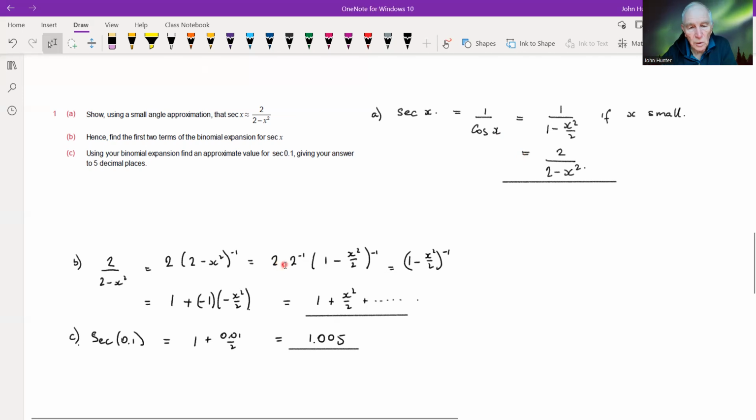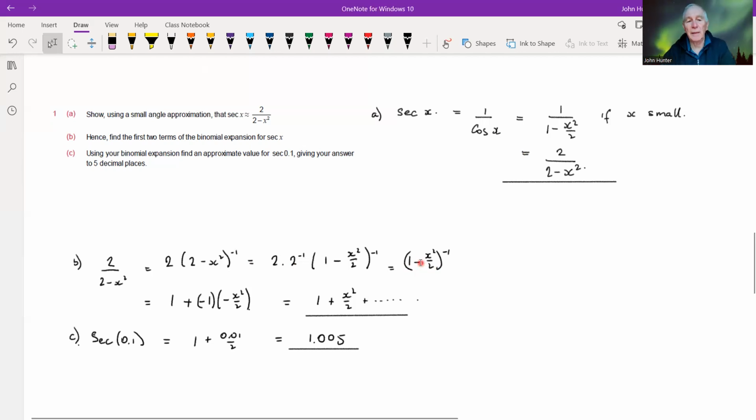In order to expand this, we need it in the form 1 minus something in x. So we're basically going to divide through by 2, which is multiplying by 2 to the power of -1. Conveniently, these cancel, leaving us with this. That's what we're looking at.